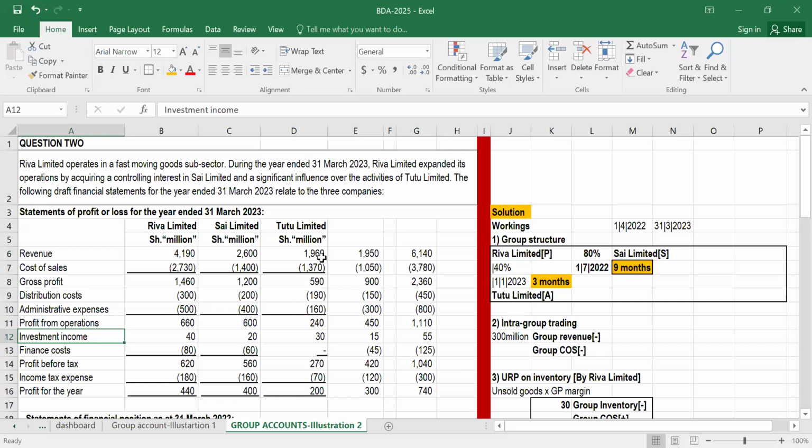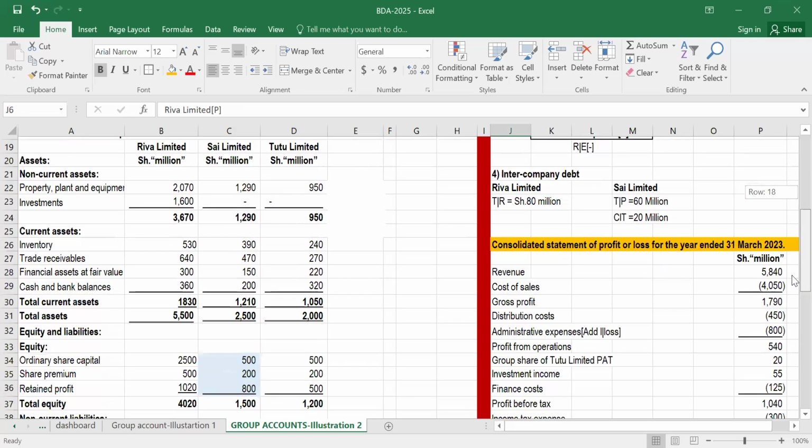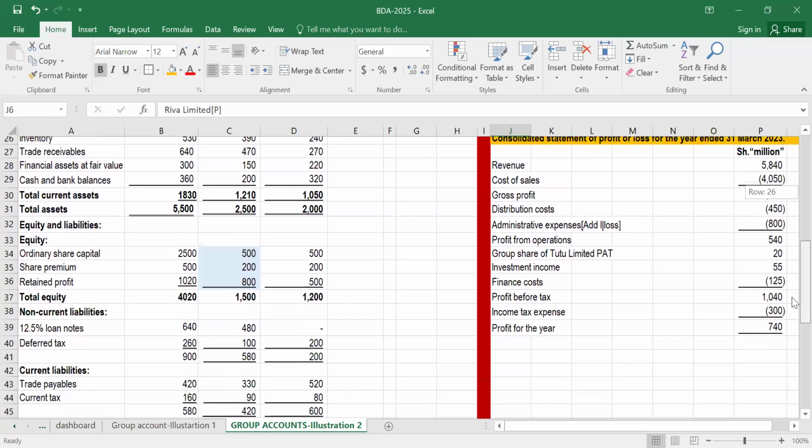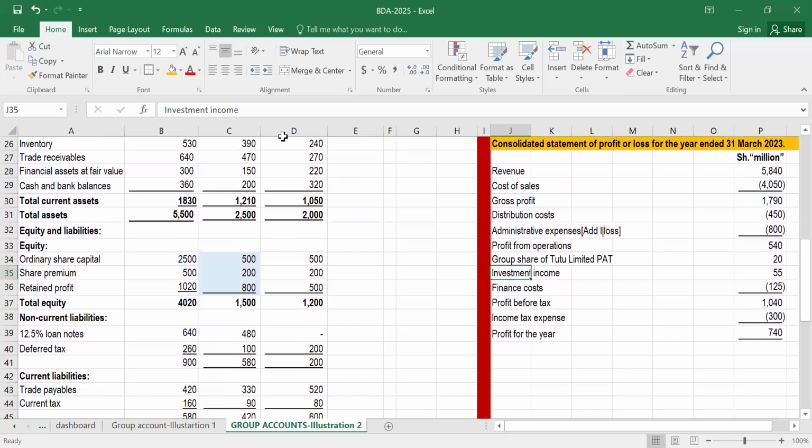So therefore, in case you are told that either the subsidiary or the associate had paid dividends, which were then accounted for by the parent company as an investment income, that is an investment income generated within the group. And we said, when preparing the consolidated statement of profit or loss, we exclude any intragroup investment income.